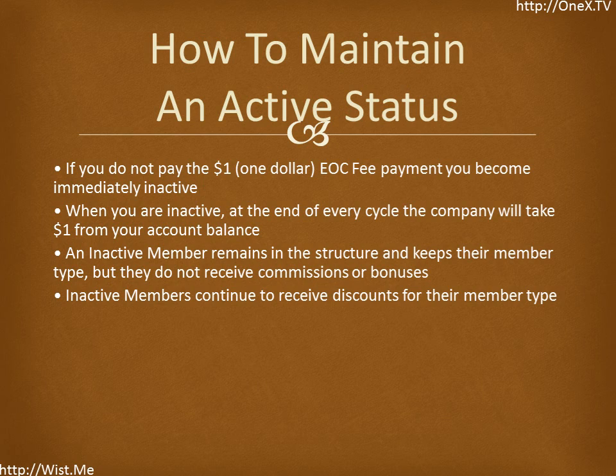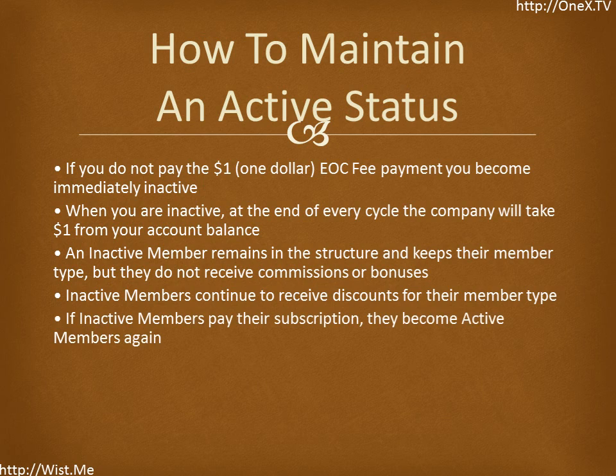First of all, every month you have to pay the end of cycle fee. It's $1, just $1, but you have to pay it every month. If you cannot afford $1, then you have no business doing QLxChange. So pay your $1 every month and you will remain active.